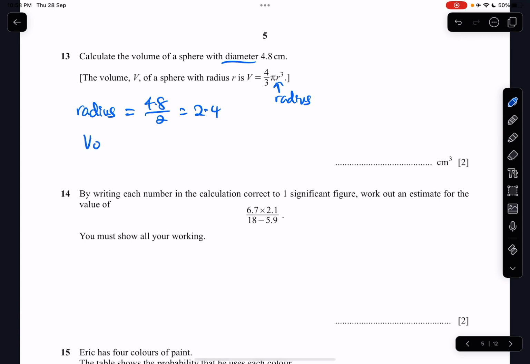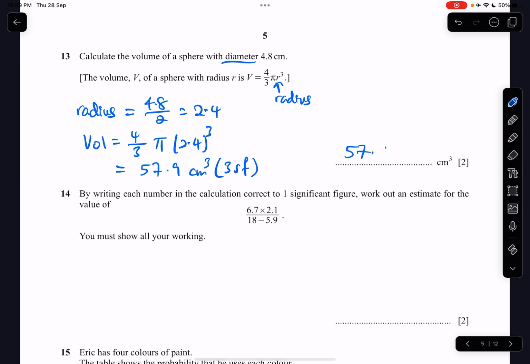So now the volume is 4/3 pi times 2.4 cubed. So 4 divided by 3 times pi times 2.4 cubed. I'll have 57.9 cm cubed, to 3 SF.